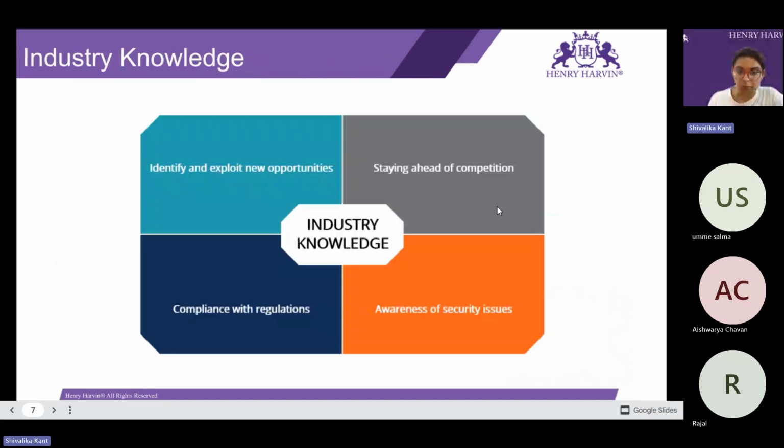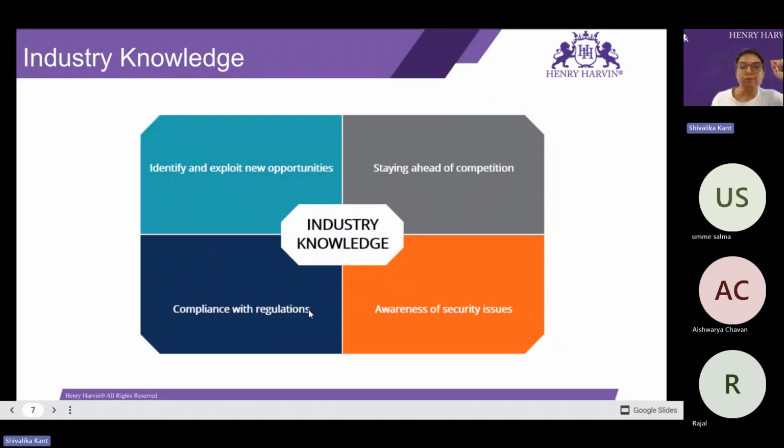These 4 components represent industry knowledge that is crucial for professionals, organizations, and businesses to succeed and stay relevant. At the center we have industry knowledge, and surrounding it are 4 blocks, each highlighting a particular key area. So the first one is identify and exploit new opportunity.